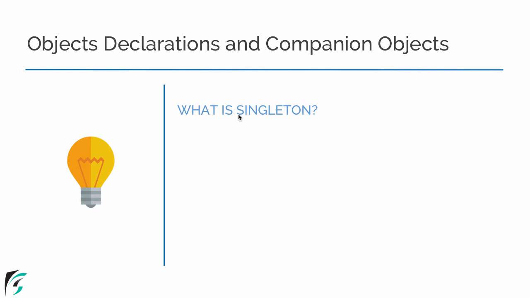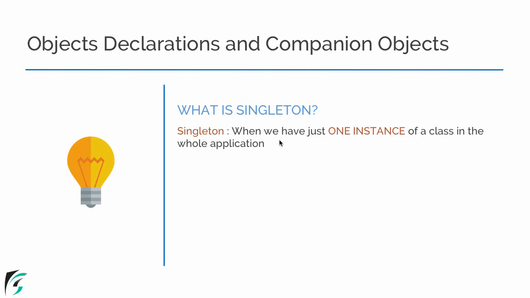But in the case of a singleton, we have just one instance of the class in the whole application. So once we define a class as a singleton, we just have one instance, and that instance is created by Kotlin internally. That is, we do not have any control over creating the instance of that singleton class.